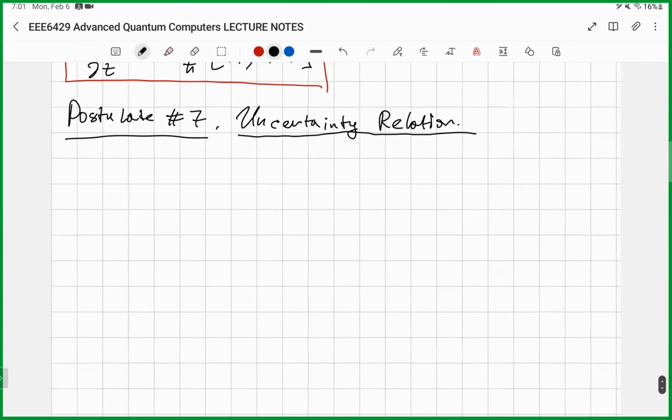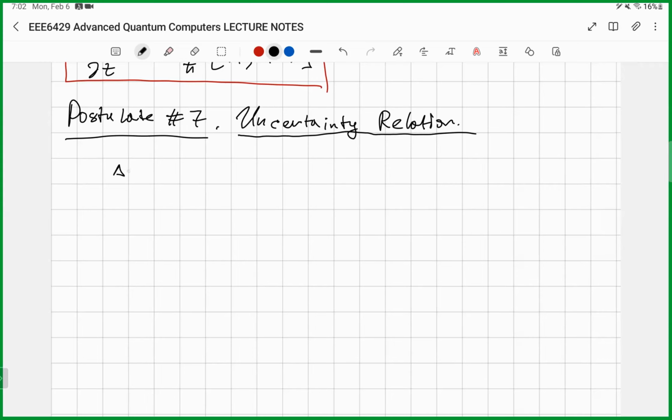We already discussed this uncertainty principle a little today, and in the simplest form, and historically the first one was the following, invented by Heisenberg also. So historically the Heisenberg uncertainty relation appeared.